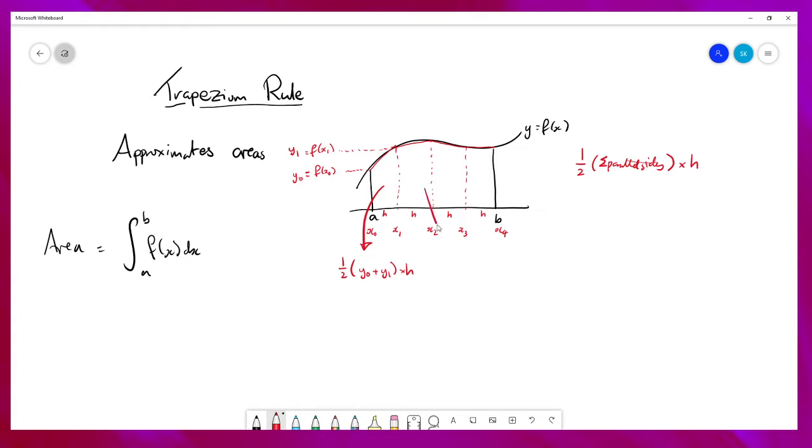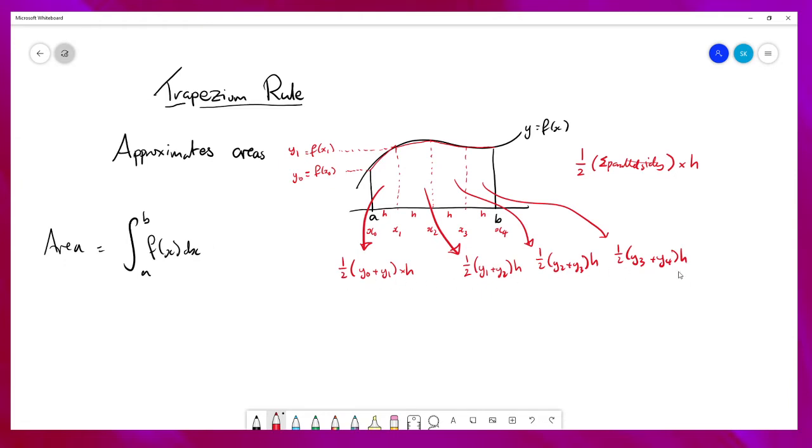And we can continue in a similar way. This one is going to be half y1 plus y2 times h. This one, a half y2 plus y3 times h. And then the final one, a half y3 plus y4 times h.